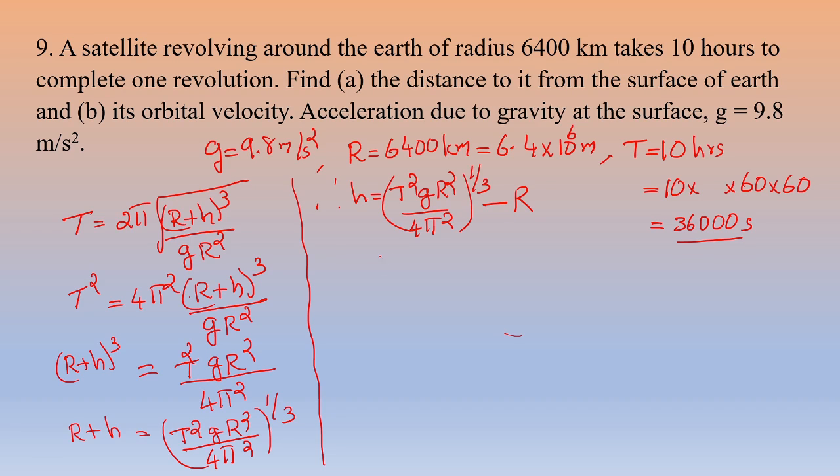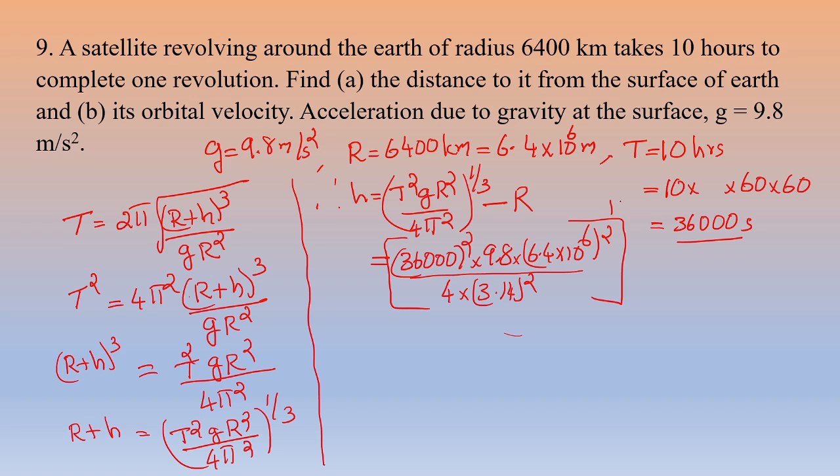So we can substitute all these values. T is equal to 36,000 square, 9.8, radius is 6.4 into 10 raised to 6, that is also square, divided by 4 into 3.14 square, whole cube all raised to 1 by 3 minus the value of capital R, that is 6.4 into 10 raised to 6.